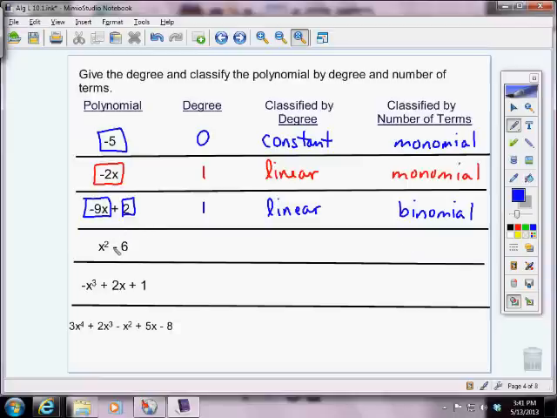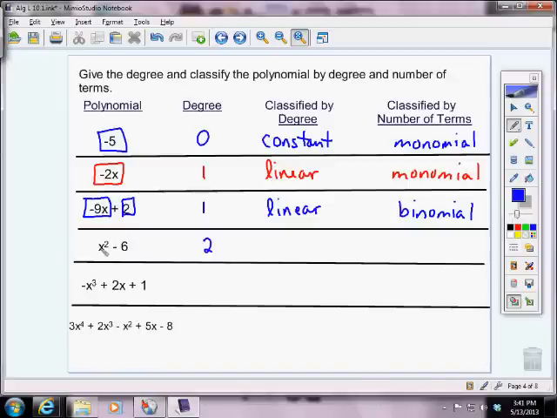Okay, let's look at this next one here. What degree is this? We have an x to the second, and we have an x to the 0. So the degree of a polynomial is its largest degree, so that would be 2. Classify it by its degree. Well, if you think back to the last chapter we did, anytime there was an expression raised to the second power, when we graphed it, it'd be a parabola.